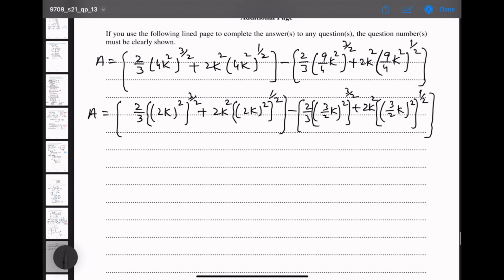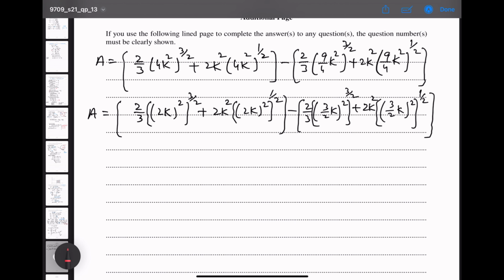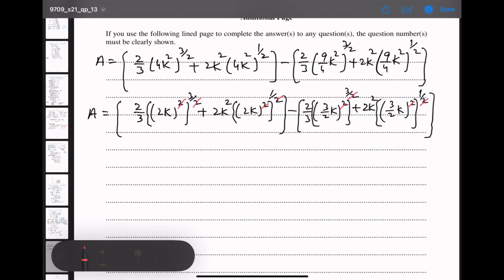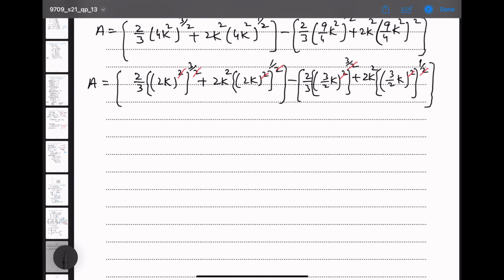Now further simplifying, cancellation of 3 over 2 and 2. Also this cancels out. The remaining are the following.